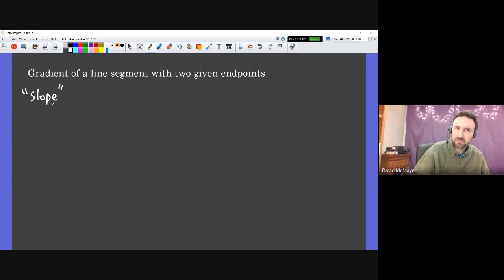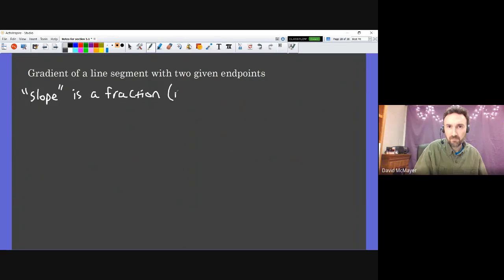So slope or gradient, I think of it as a fraction. So it's a fraction, or you could say a ratio. And really that fraction describes steepness.